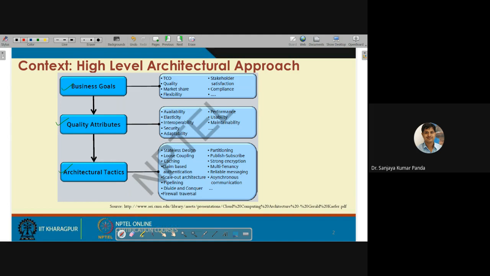In a similar fashion, in the cloud case, if you want to see the quality of each and every attribute, or the quality of a particular service, you need to focus on availability, elasticity, interoperability, security, adaptability, performance, usability, and maintainability.